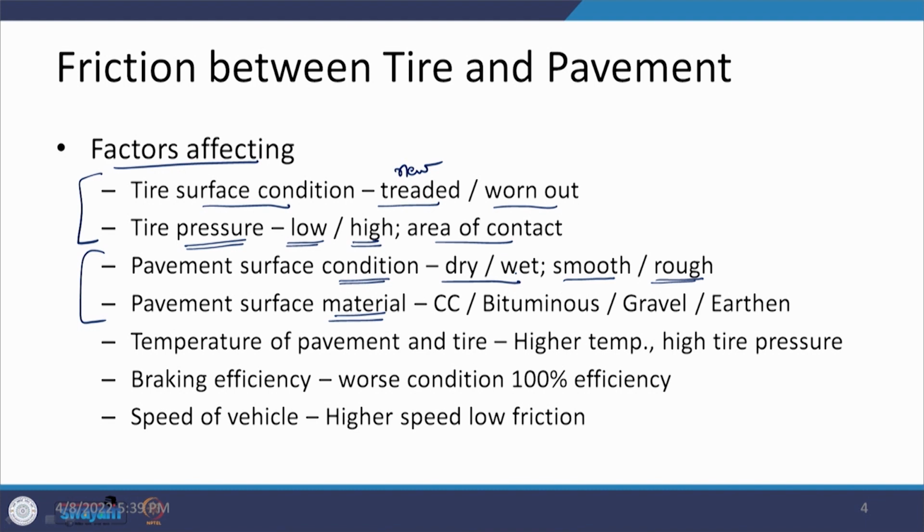The other case can be that we can talk about the pavement in terms of whether it is dry or wet. If you go into the geometrics, you must be coming to know that there is a camber which is provided which tries to keep the pavement dry.